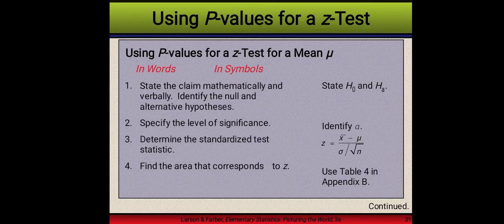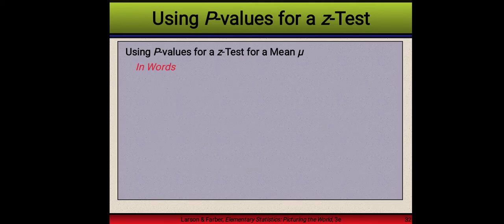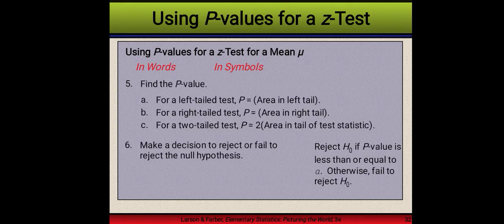Using p-values for a test for a mean, we have the continuation. Find the p-value: for a left-tailed test, the area in the left tail; for a right-tailed test, the area in the right; and for a two-tailed test, both areas of the graph or the region. Then, sixth, make a decision to reject or fail to reject the null hypothesis.